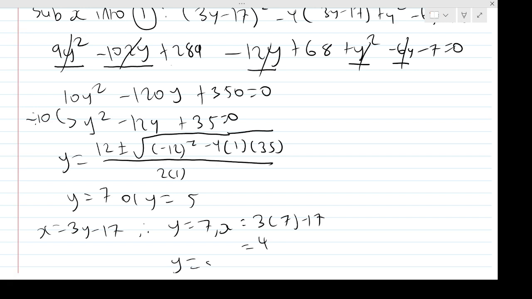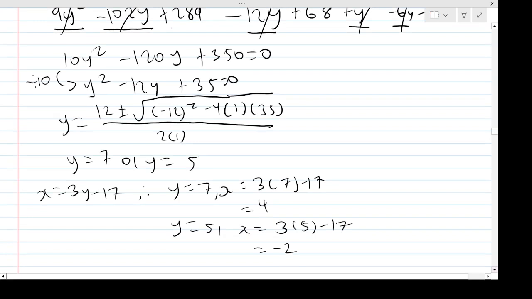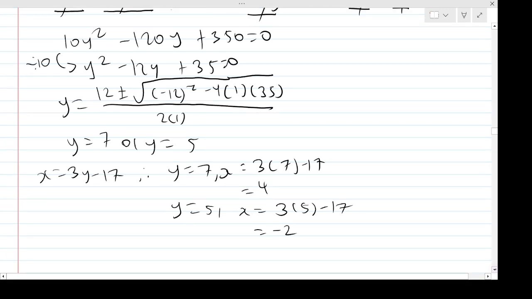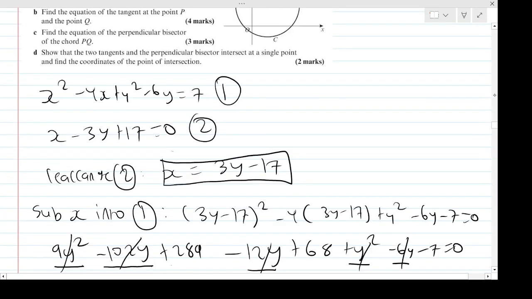Anyway, then if y is 5, x would be 3 lots of 5 minus 17. I believe that should be minus 2. Yep, there we are. So therefore our 2 points are x is 4, y is 7, and then when x is minus 2, y is 5. So those are my 2 points.